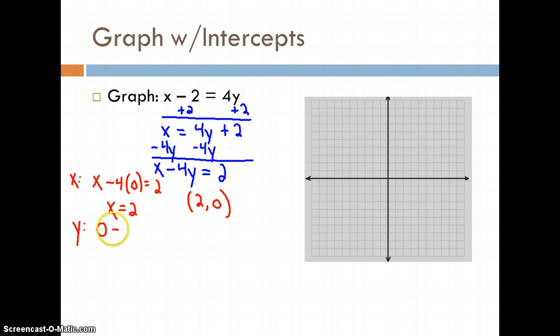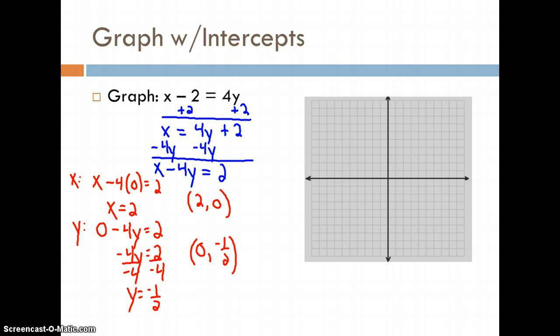We make x 0. 0 minus 4y equals 2. Negative 4y is then equal to 2. We divide both sides by negative 4. I get y equals negative 1/2. So I have the ordered pair (0, negative 1/2).